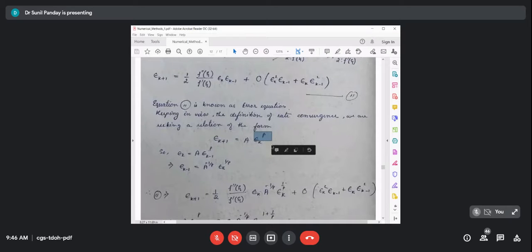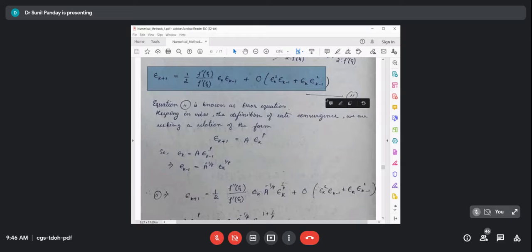So by default, we assume that this secant method is of order p, and later we obtain the value of p. From the method we have already obtained equation number 11 as the error equation, but it is not in the form that we have decided, so that we can decide the error order of this method.